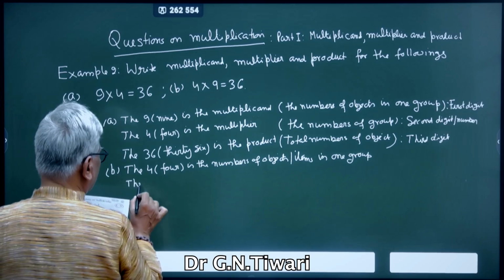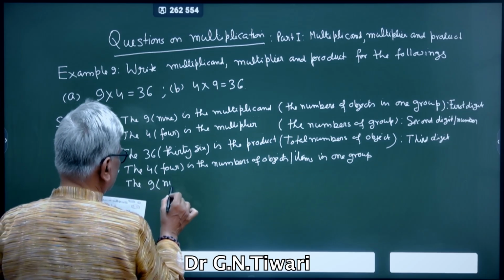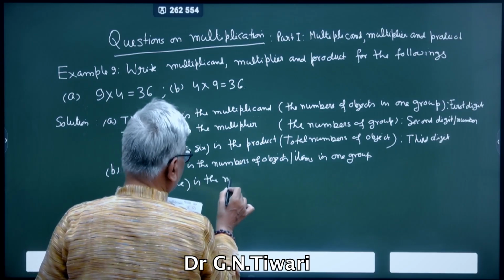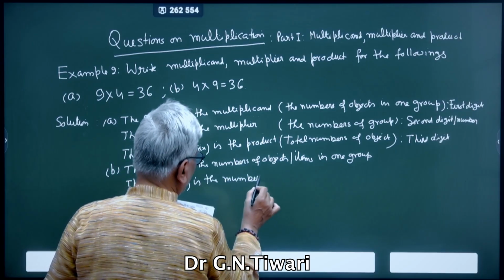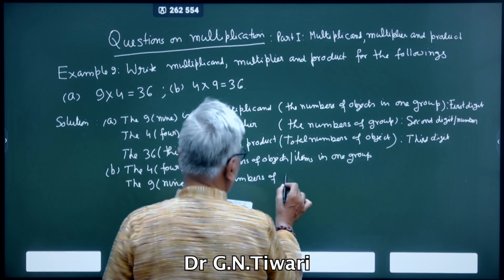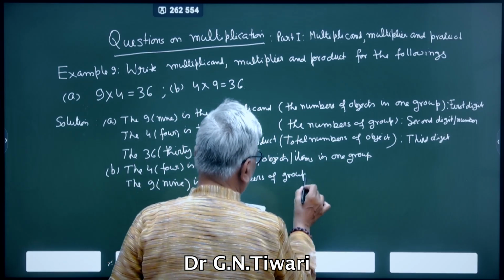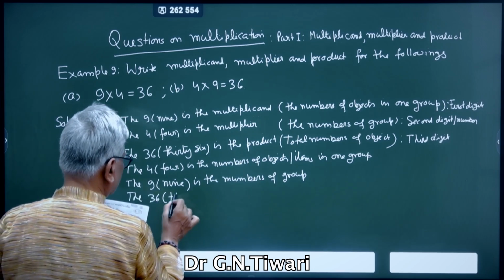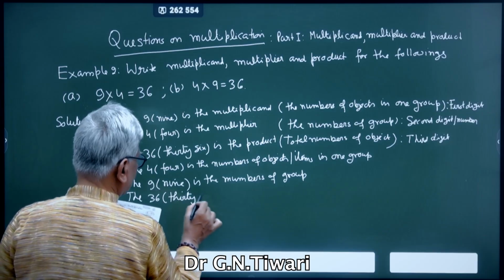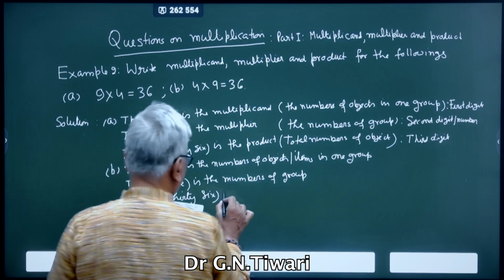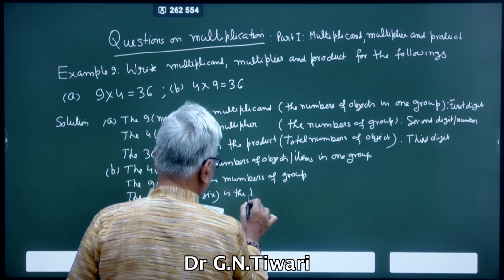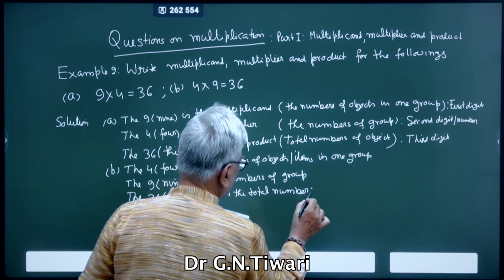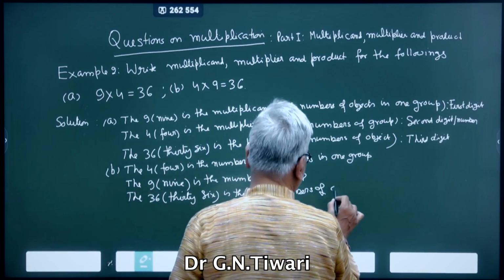The 9 is the number of groups. And the 36 is the total number of objects.